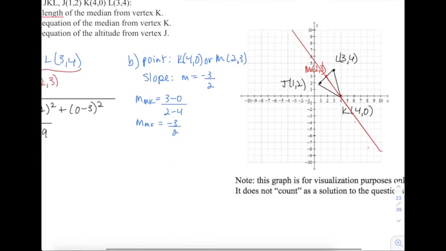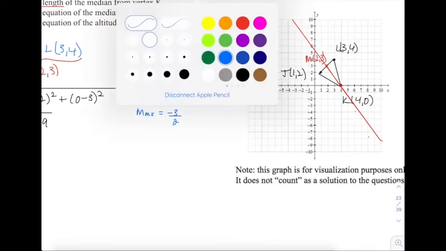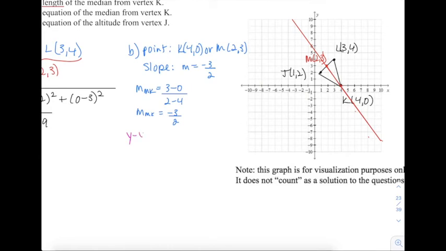We can still do y minus y1 equals m times x minus x1. So let's put in K because there's a 0, that makes life easy. So I get y equals negative 3 over 2 x plus 12 over 2, which is just 6.